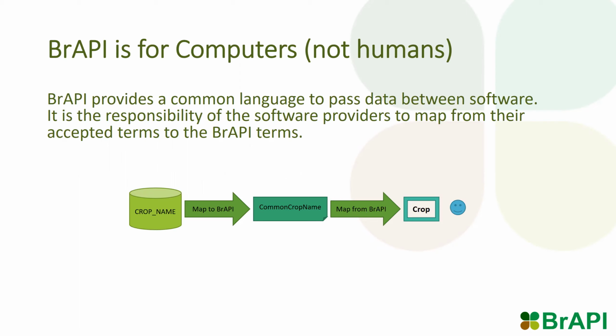So this comes up a lot because of similar questions to the one that was just asked. Can we change the BrAPI spec to change this name to that name?